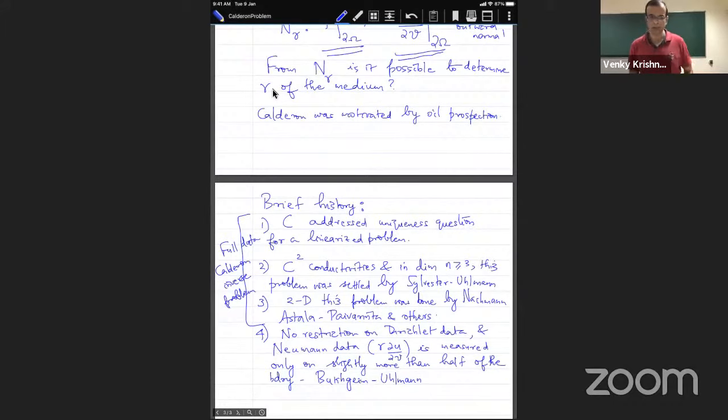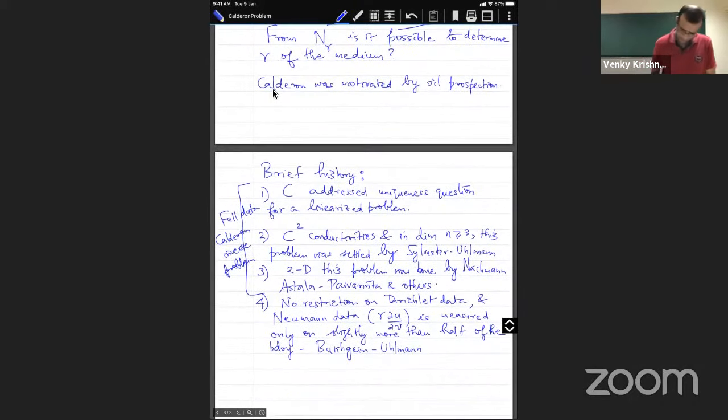So this will be done by Professor Rakesh. I don't exactly know what he is planning to do, but one of the things would be this. So there is no restriction on Dirichlet data, and Neumann data is measured only on slightly more than half.